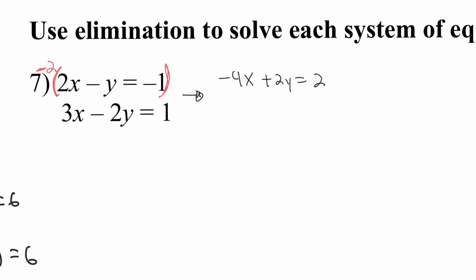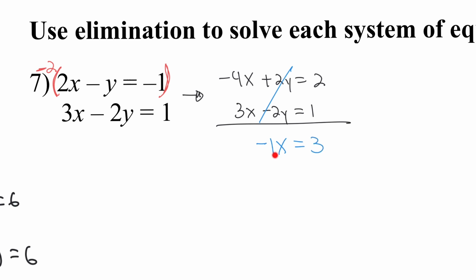You keep it the same. That's going to be 3x minus 2y equals 1. And now you guys can cancel the y's. The x's don't cancel. The y's do because they have the same number and different signs. So for the x's, -4x plus 3x, that'll be -1x equals, and 2 plus 1 is 3.